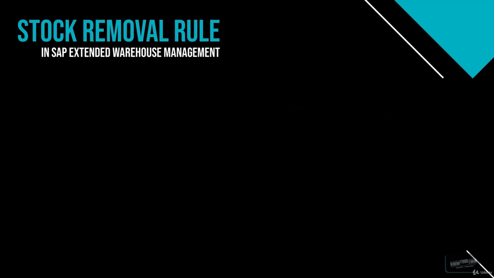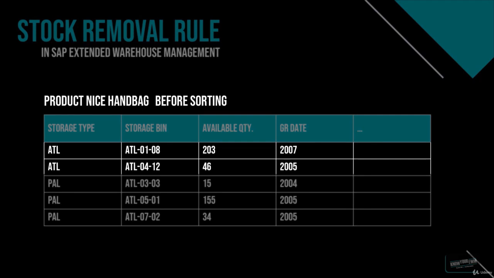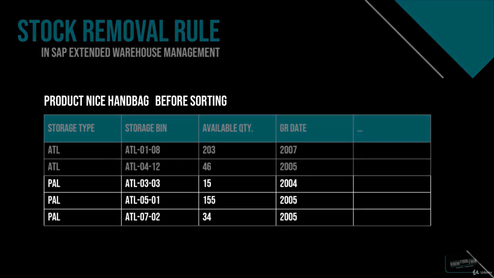Now let us have a look at how such a sorting of the available quantities within a storage type works. Let us assume we have a storage type search sequence that includes the storage types ATL at sequence number 1 and PAL at sequence number 2.